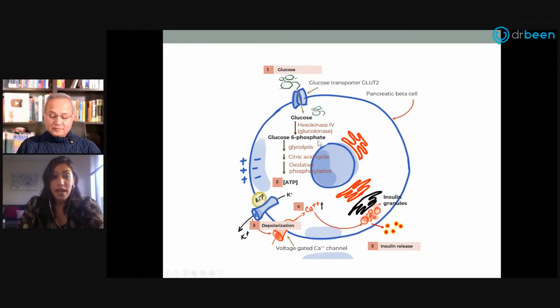There are also mutations in this area which lead to certain types of diabetes. One type is maturity onset diabetes of the young, or MODY. We'll see that later in different lectures. You can also have neonatal diabetes from mutations in this pathway.